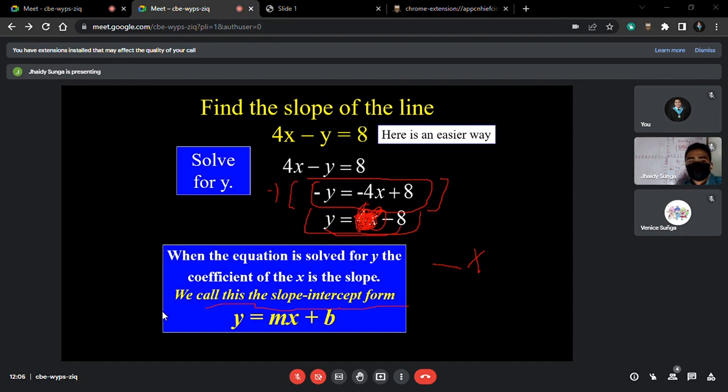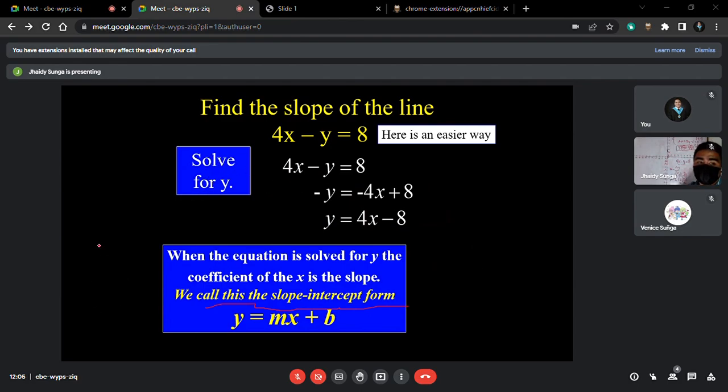Alright, so we have seen how is the normal way on how to get the slope. The first thing you need to do is to find the y-intercept, x-intercept, and find your x sub 1, y sub 1. So that's the basic one.